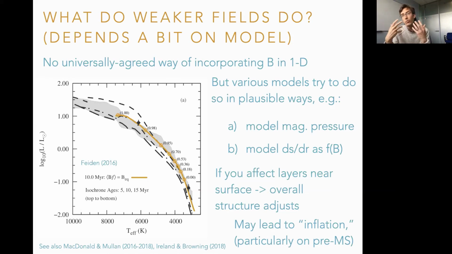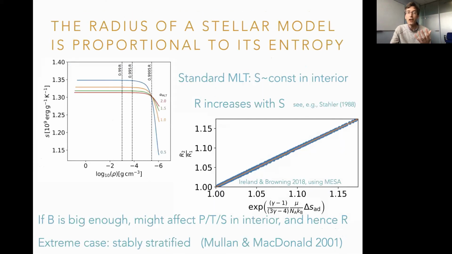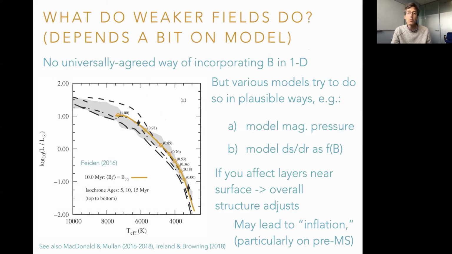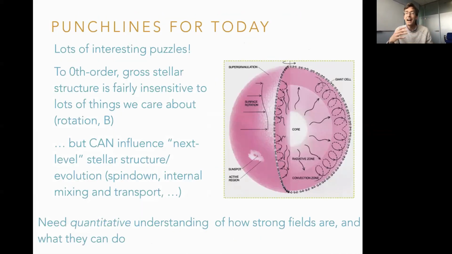So we've talked a little bit today about the observations that motivate this stuff. We've talked a little bit about the conditions that prevail in stars, but at the end of the day, to zeroth order, the gross stellar structure doesn't know that much about rotation and magnetism. But we now have this enormous trove of data that can do a lot better than order of magnitude.